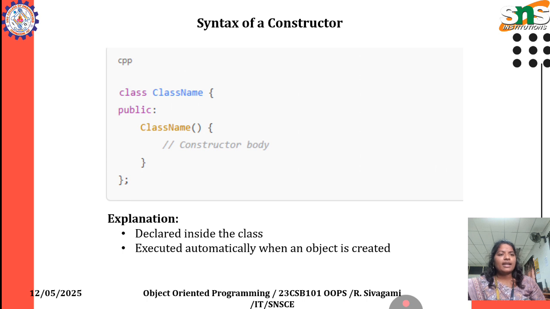Public is an access specifier, and the class name is the constructor name. We already know the class name and the constructor name are the same. It is declared inside a class and executes automatically when an object is created.